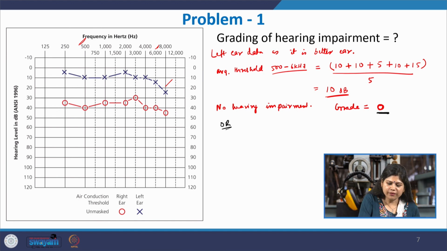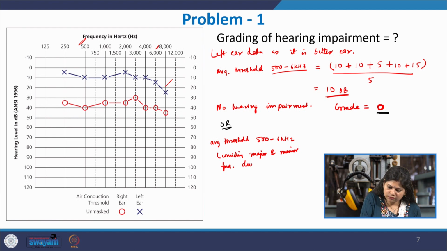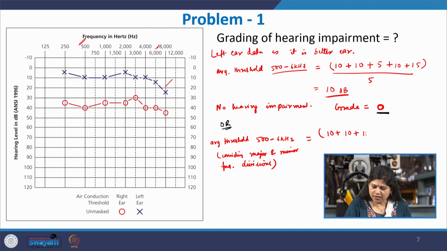There is another way to solve it. If you look at the minor divisions, then the average threshold in this range, considering major and minor frequency divisions, so here you start from 500 which is 10 dB, after that you have 750 again at 10, 1000 is at 10, then your 1500 is between 10 and 5, it is a slope.